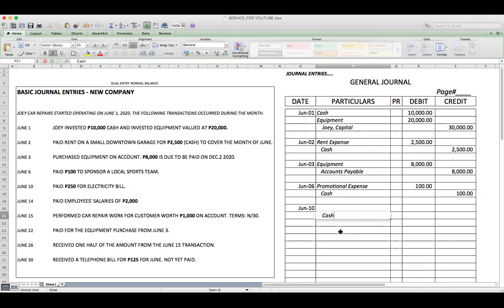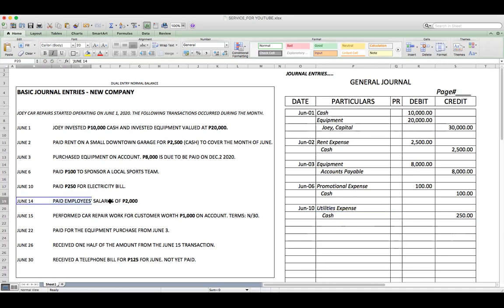Like for example, inuna ko na, credit ko, nawalan ako ng cash kasi nagbayad ako ng 250. Ngayon, ang tanong, ano yung binayaran natin? Electricity. Anong account title kapag electricity? Ang tawag ay utilities expense. Ang utilities expense, ginagamit yan. Light and water, kuryente at tubig. Okay? So, you may use utilities expense.